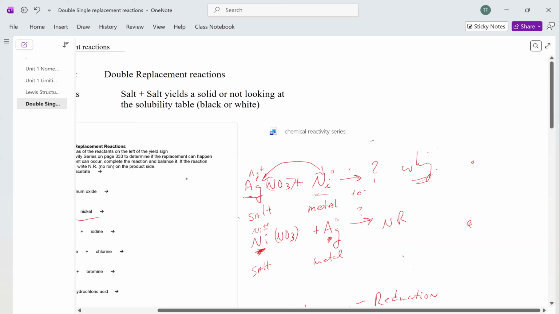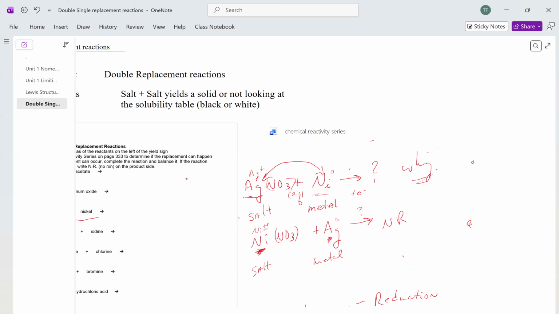Well, technically, yes. So this would be an AQ, and this would be a solid. But that's not as important on the single replacement. The main thing is the relationship between the two metals, which is above. So that's optional for our class. Normally, you would put AQ for the salt and S for the metal.